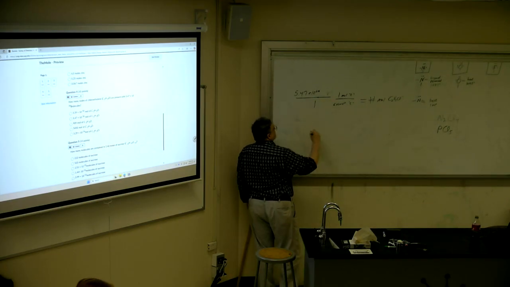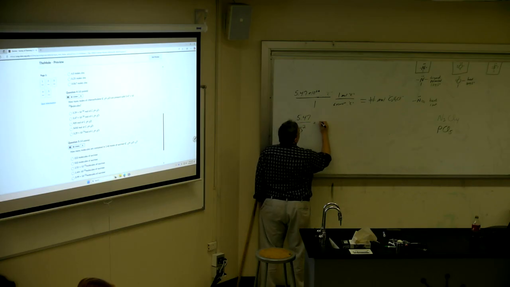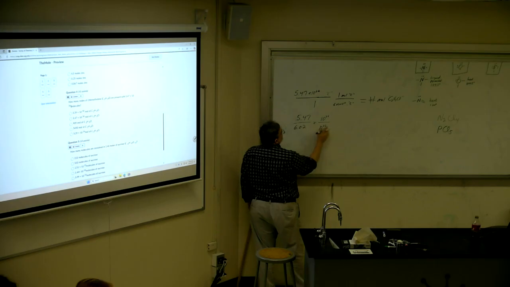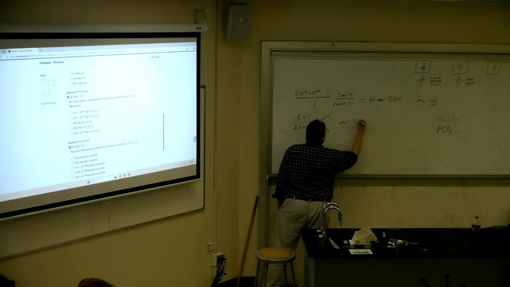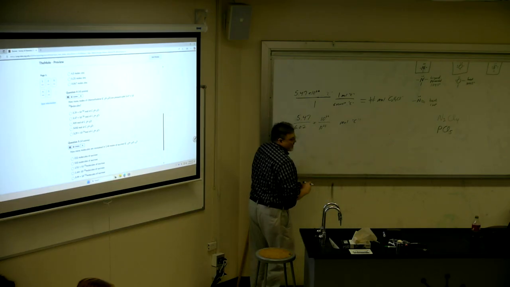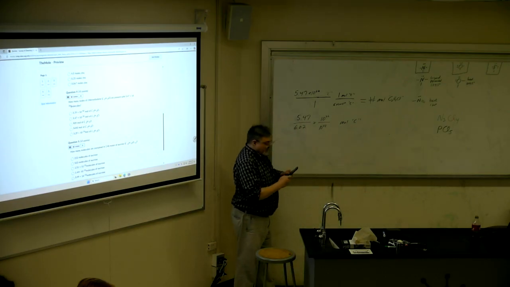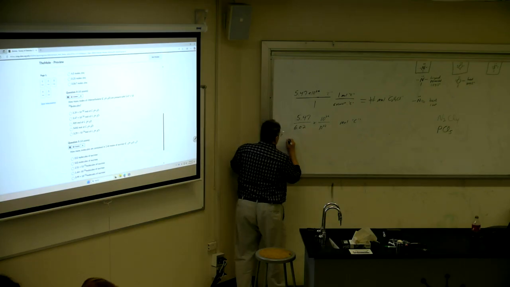And if you have the fancy calculator that you can plug this in, then you do it your way, but I would do it as, so that takes care of the numerical values. The blank C cancels, and we end up in moles of C, and then the rest is calculated. 5.47 divided by 6.02.